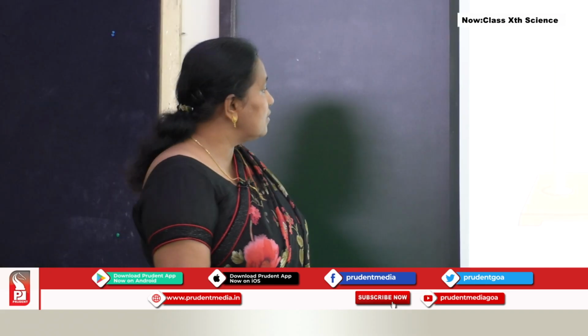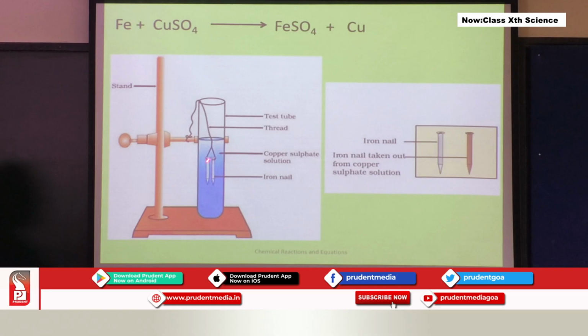You can see the reaction when an iron nail is dipped in copper sulphate solution. Copper sulphate solution is blue in color. When the iron nail is dipped in copper sulphate solution, after some time, when you take out the iron nail and see, it will look like this. What is the observation of this reaction?